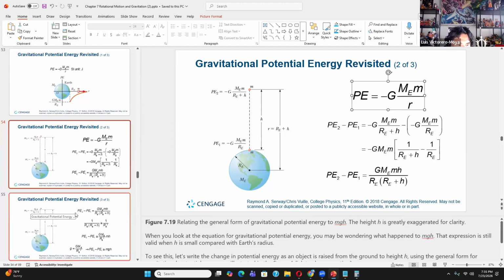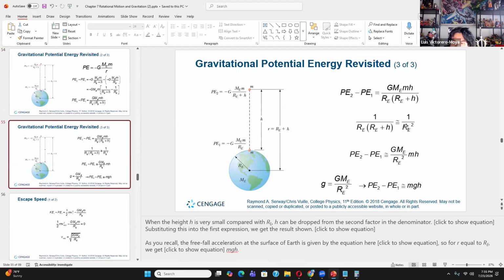So if we make this h very, very small, then basically this equation is just G mass of the Earth mass h over RE times RE squared. And we know that G M over RE squared is the value of gravity.